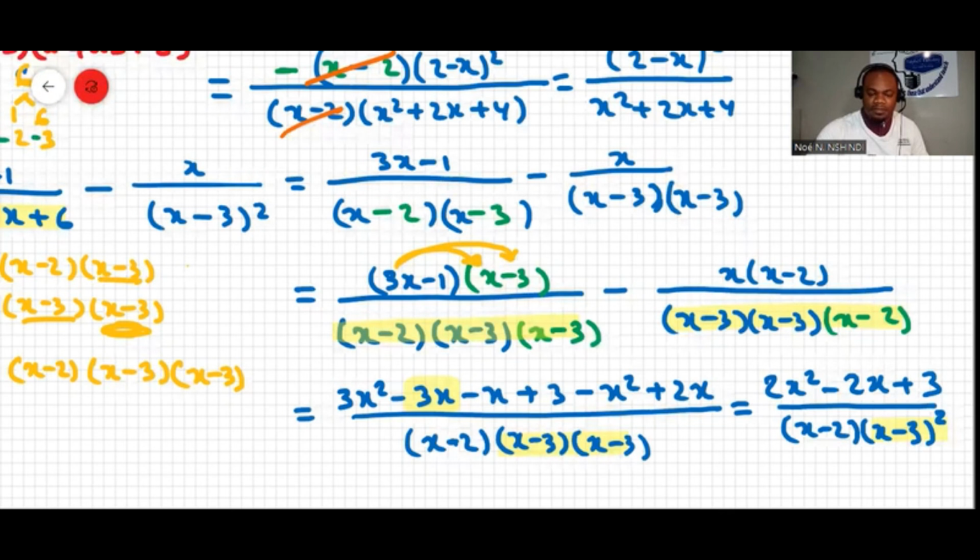Oh, be careful here. 3x times x makes 3x squared, and 3x times negative 3, that was negative 9. I made a mistake here. Negative 9.